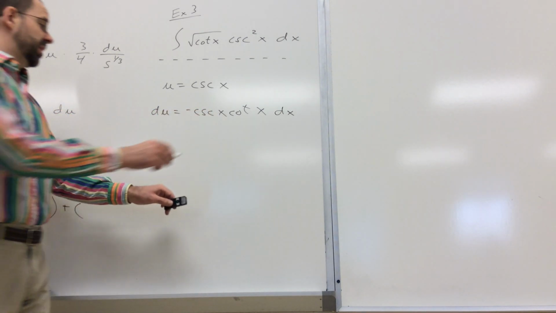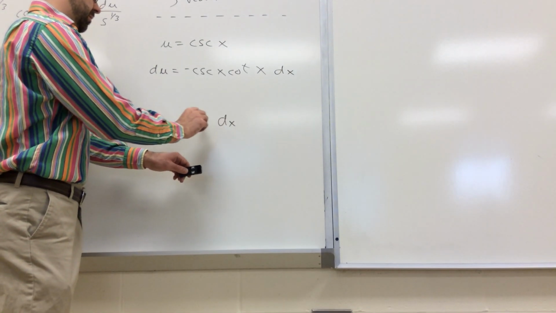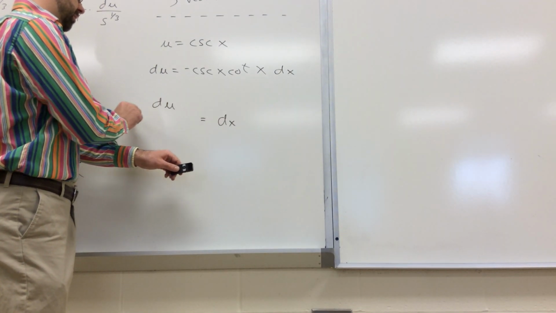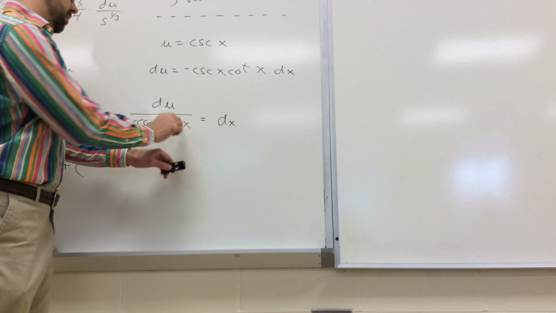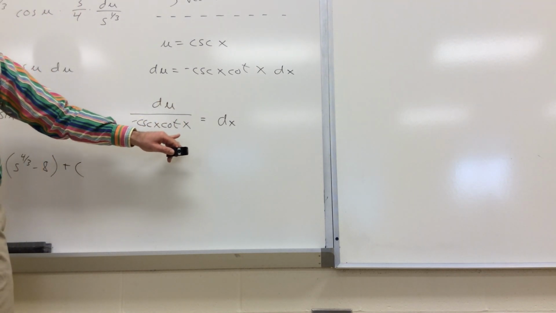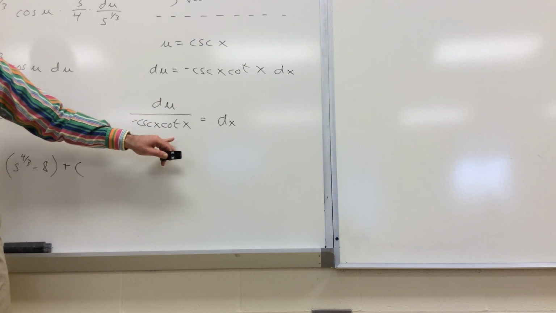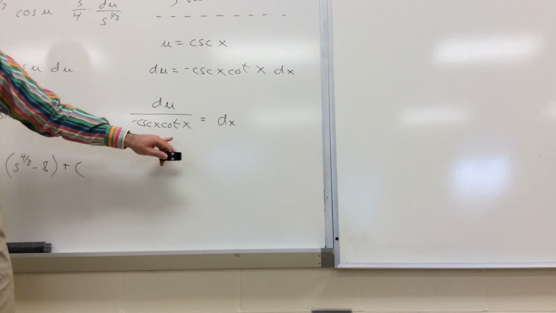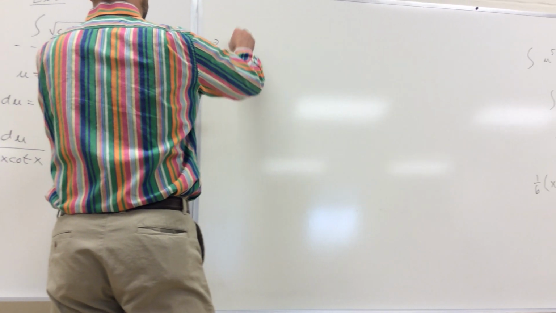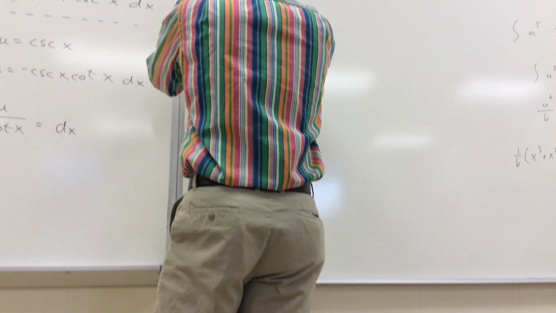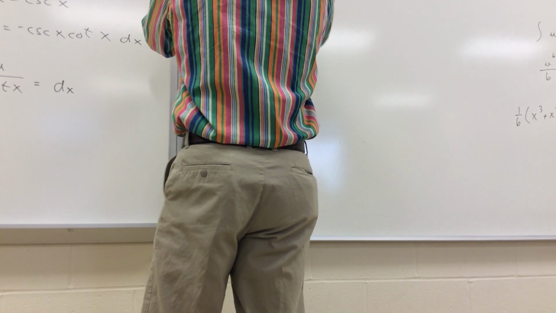So you divide that to the other side. Okay, so then you've got the antiderivative of the square root of cotangent of x.